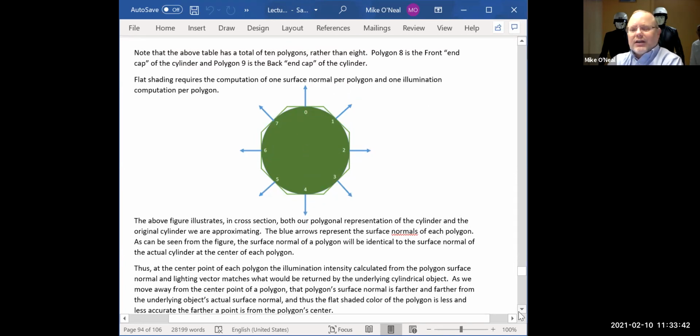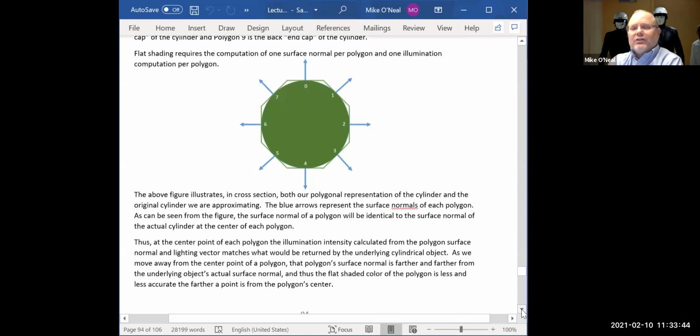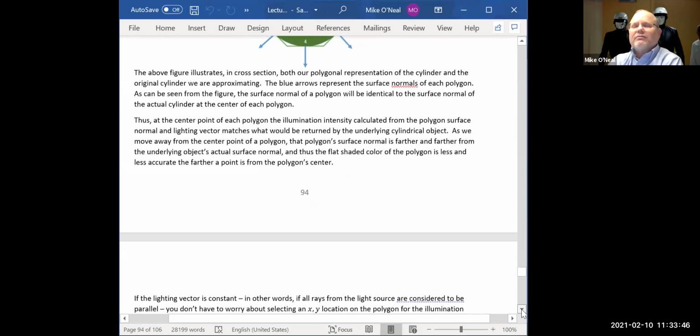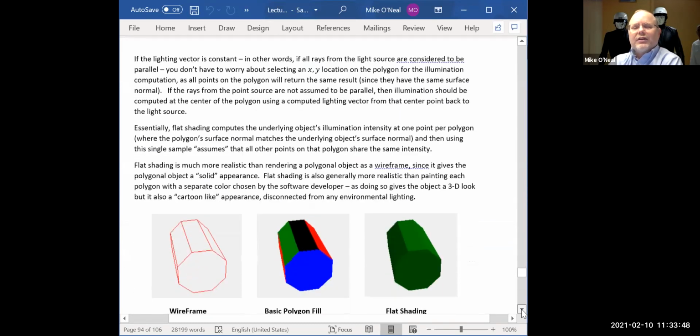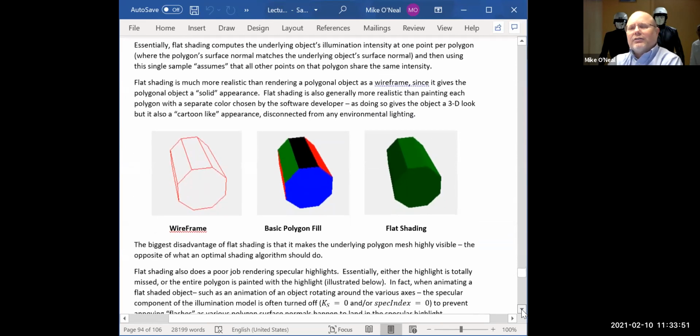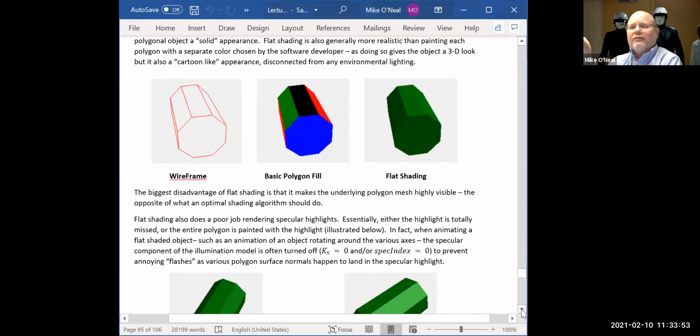So a vertex can have different vertex normals associated with it, depending on what polygon you're talking about. So think of the vertex normals as being associated with the polygons rather than the point cloud.